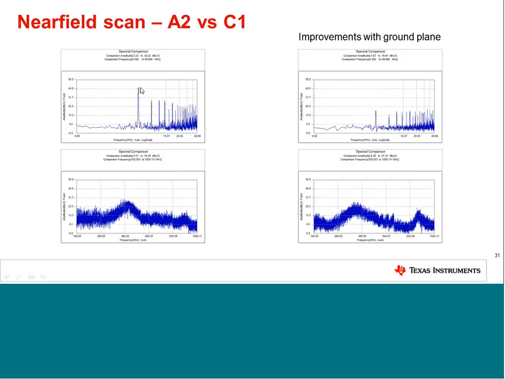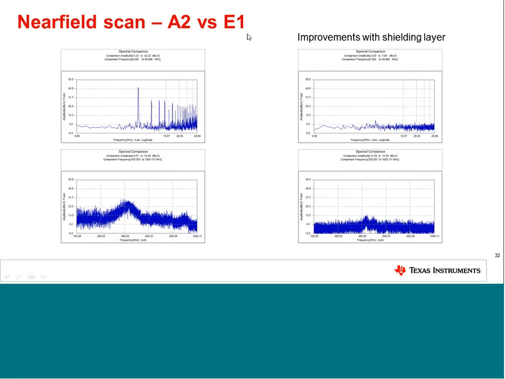We're going down by 20 dB or more than 20 dB at the switching frequency, and in this case without the capacitor. And the higher frequency is looking very similar.